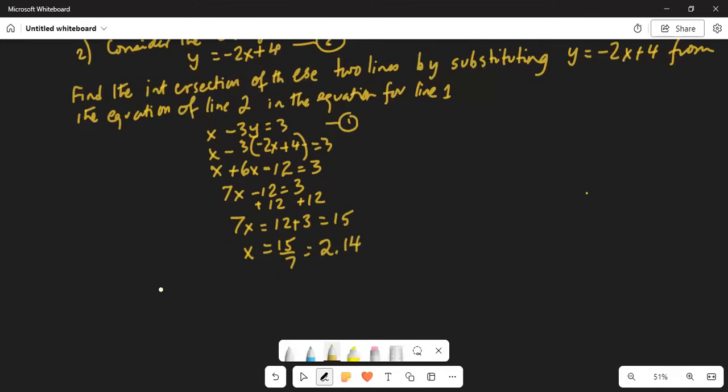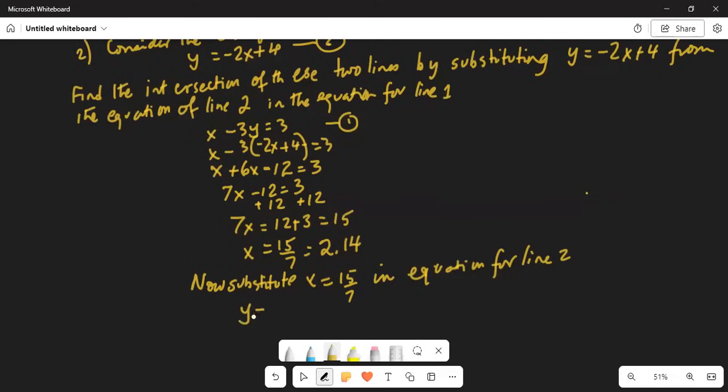Okay. Now substitute x equal to 15 over 7 in equation 2, the equation for line 2, which is y equal to minus 2 times 15 over 7 plus 4.